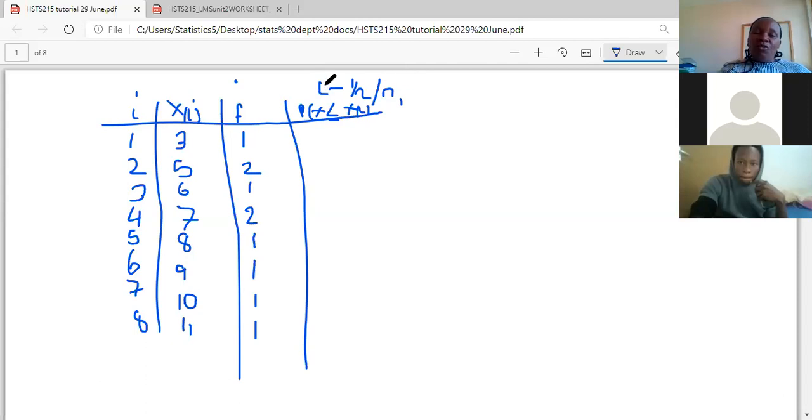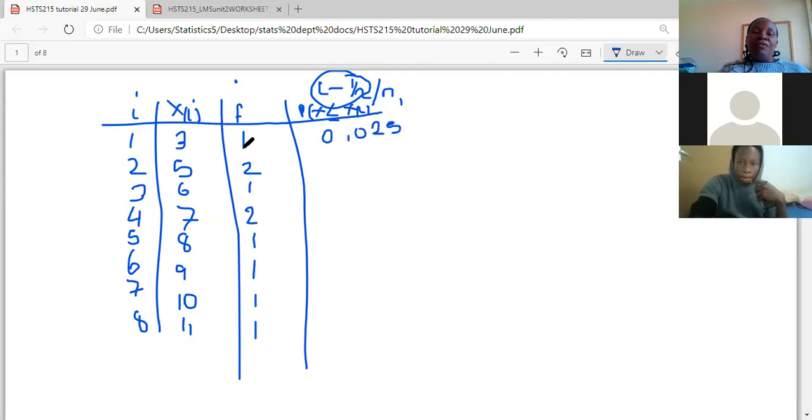It's the cumulative frequency for a value minus half, the continuity correction, divided by n. So that will give us the probability which we want. So in this case, cumulative frequency is 1 minus half is half over 10. So we are looking at 0.05 as the probability we want there.